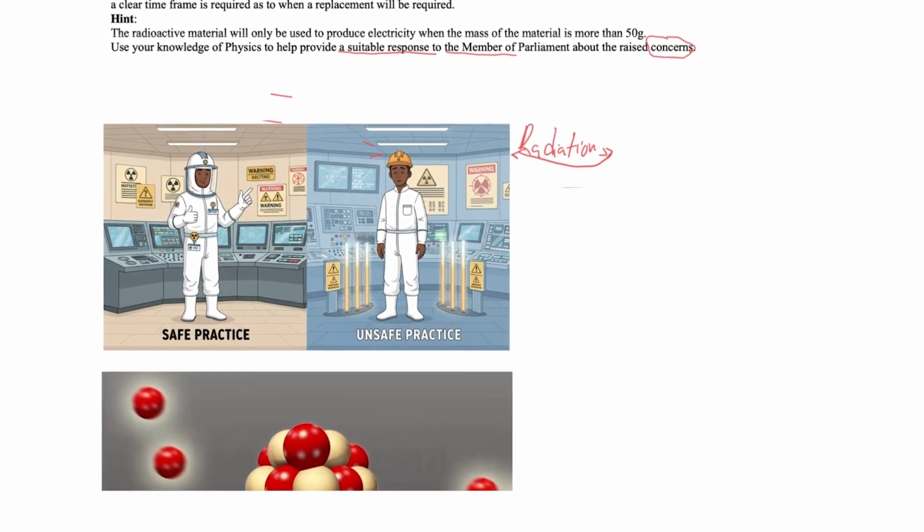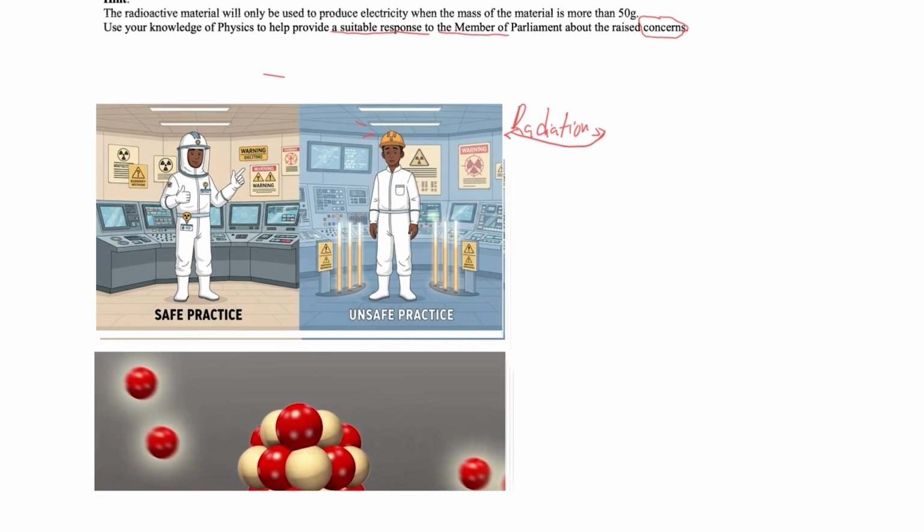Before me, I have two people. I have a person A and person B. We assume that these two people are beekeepers.